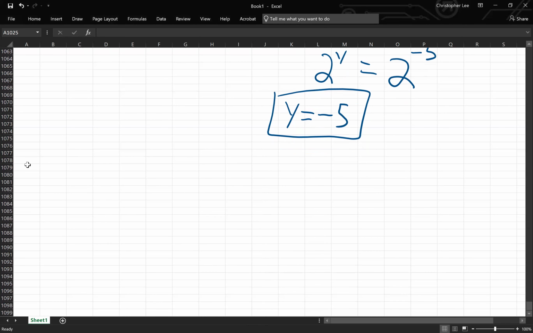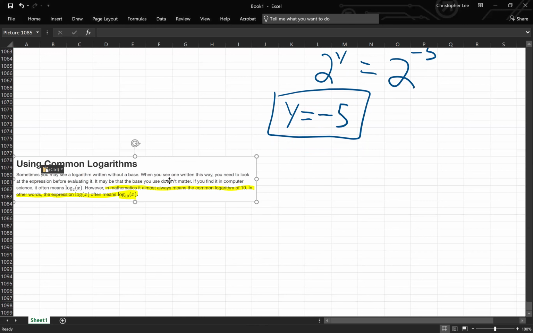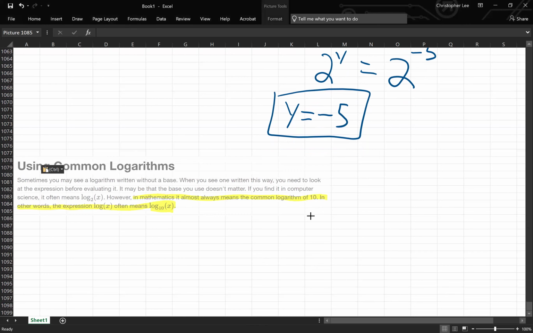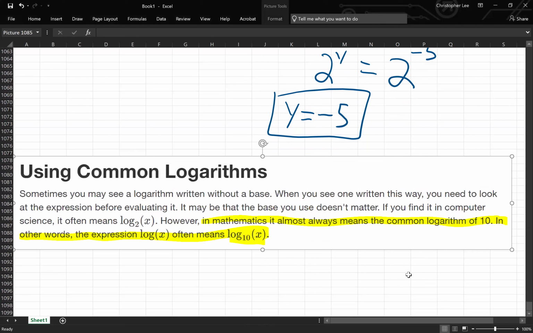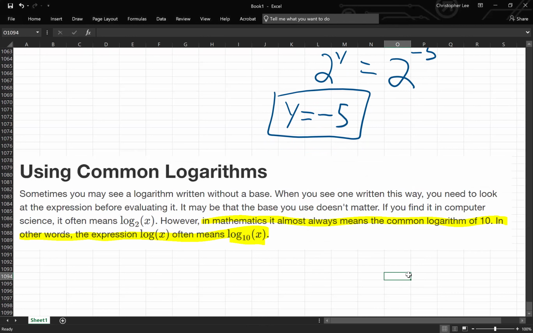All right. So now to your question from before. Using common logarithms. Sometimes you may see a logarithm written without a base, right? When you see one written this way, you need to look at the expression before evaluating it. It may be that the base you use doesn't matter. If you find it in computer science, it often means log base 2 of x.